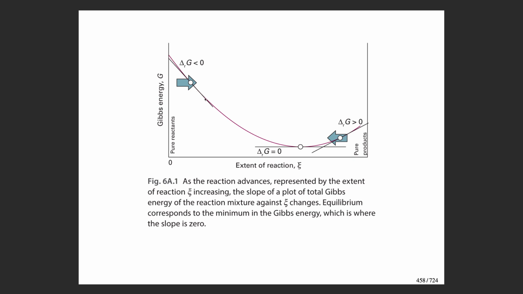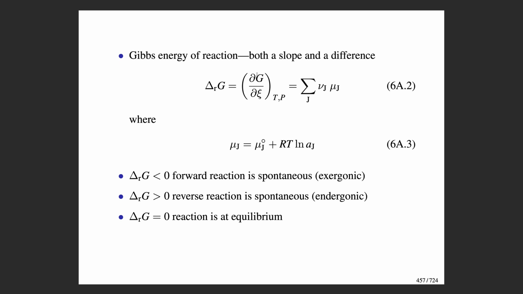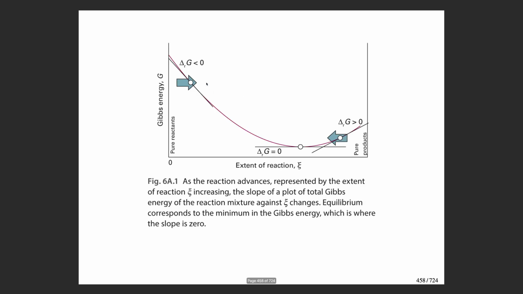Notice that the slope in this curve, Gibbs energy as a function of the extent of reaction, is this derivative here. We are calling that derivative delta G. At first, when we're very close to the reactants, the slope of the Gibbs energy curve is negative. That indicates that the forward direction is spontaneous.